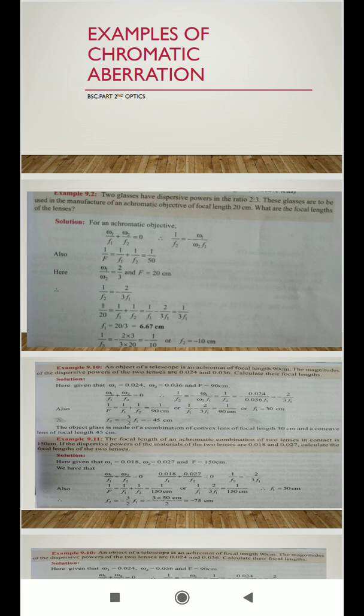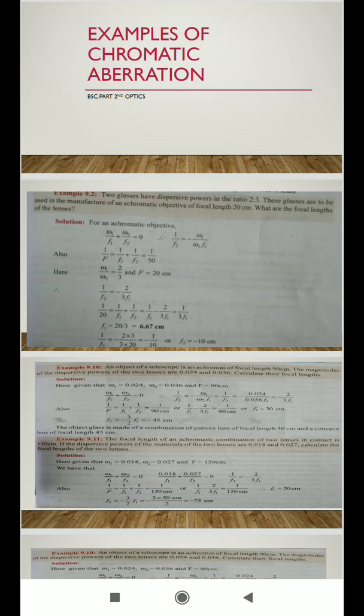Now the second example: an object of a telescope is an achromat of focal length 90 centimeter. The magnitudes of the dispersive powers of the two lenses are 0.024 and 0.036. Calculate their focal lengths.